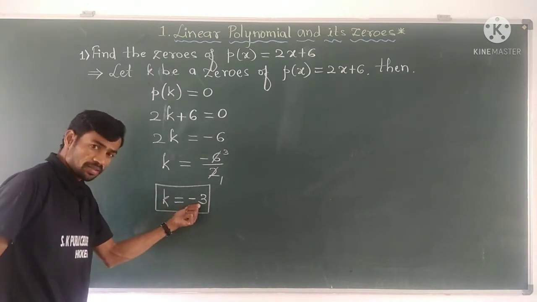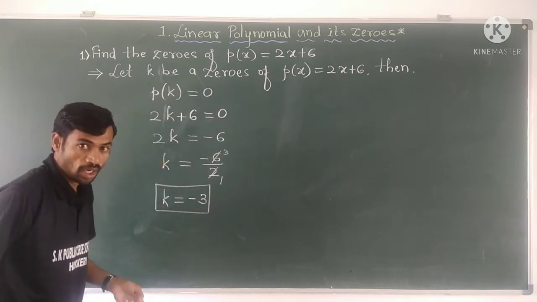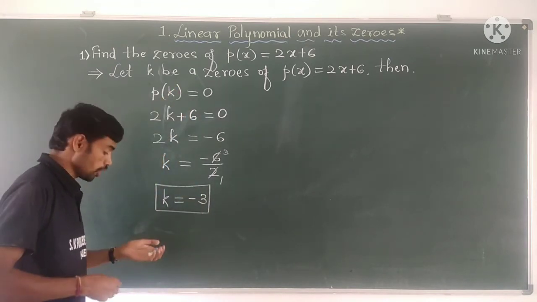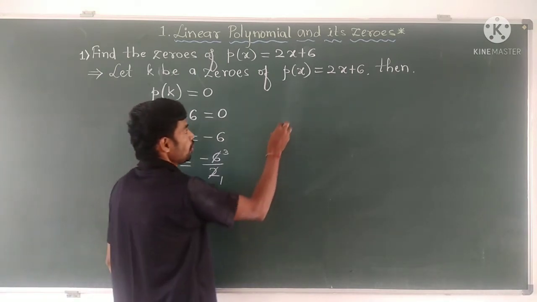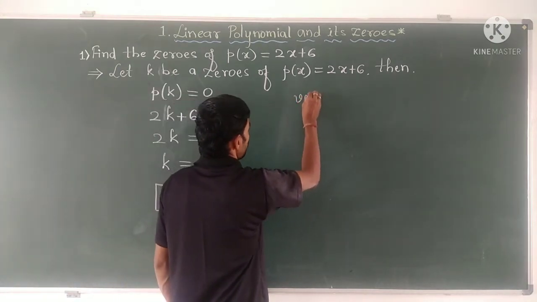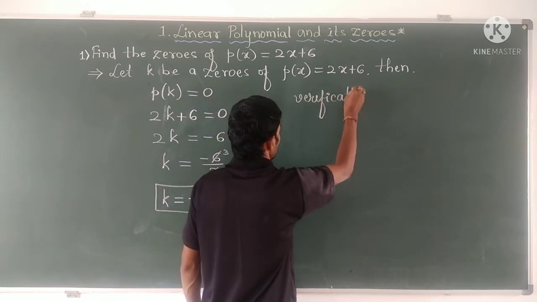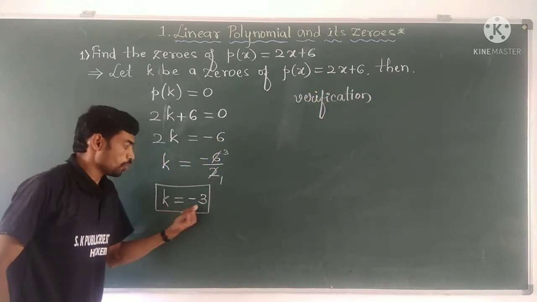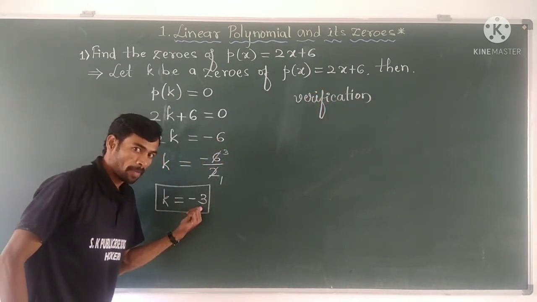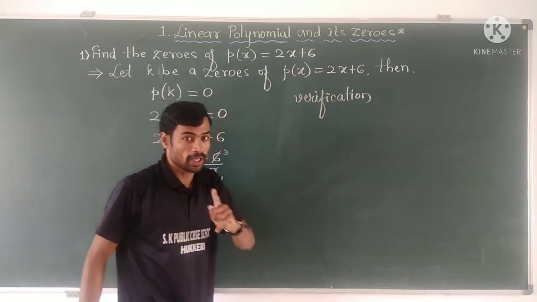Is this minus 3 a zero of this polynomial or not? How do we come to know? For that, we have to go for verification. In place of k, we substitute minus 3. Then the value of the polynomial should become 0.